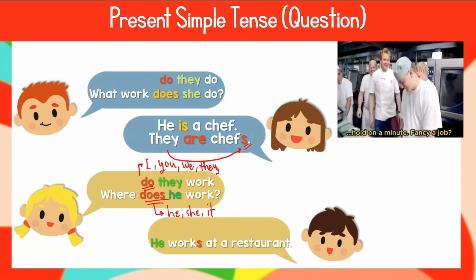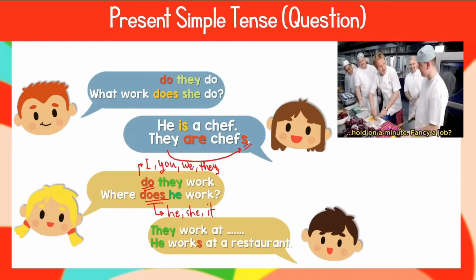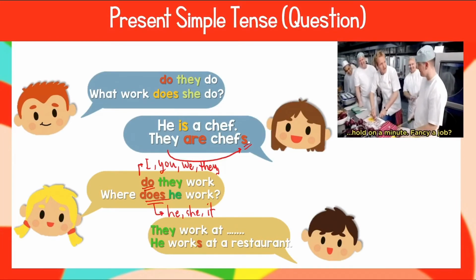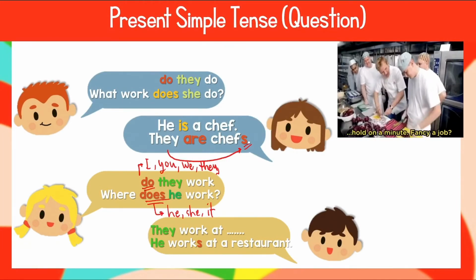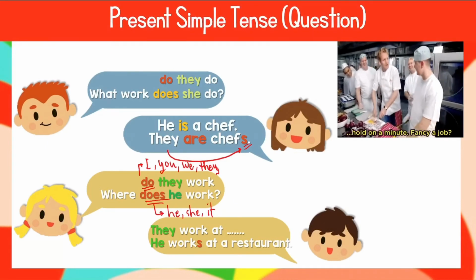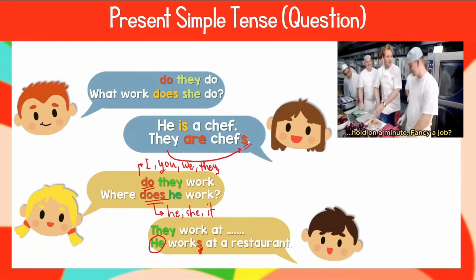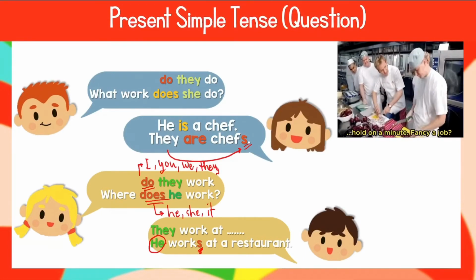And the way to answer: they work at. If you see this closely, for he, she, it, work should have s, but for they, no s here.